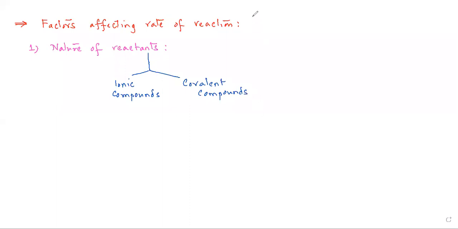Now the reactions that take place between ionic compounds are called ionic reactions. You know, these are fast, or we can say instantaneous.